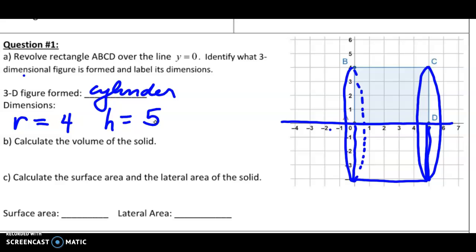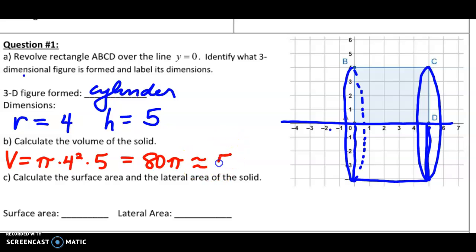They're asking us to calculate the volume of this cylinder, and the volume is pi r squared times the height. So that is going to be 80 pi. If you were to approximate that, I think your homework asks you to round it to the nearest tenth.